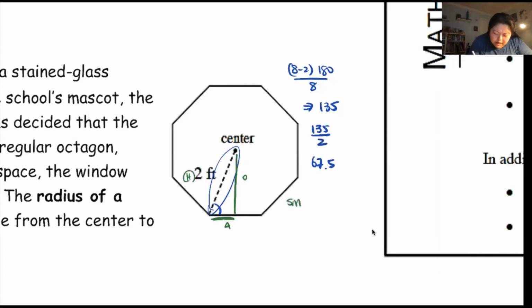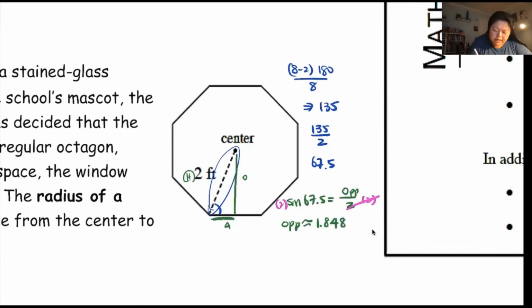So sine of 67.5 equals opposite over hypotenuse. All right, and so multiply 2 on both sides. I get 2 times sine of 67.5 to get that the opposite is about 1.848. Okay, and that's my height.